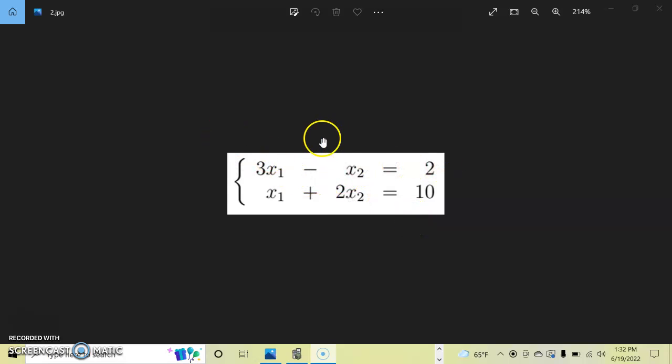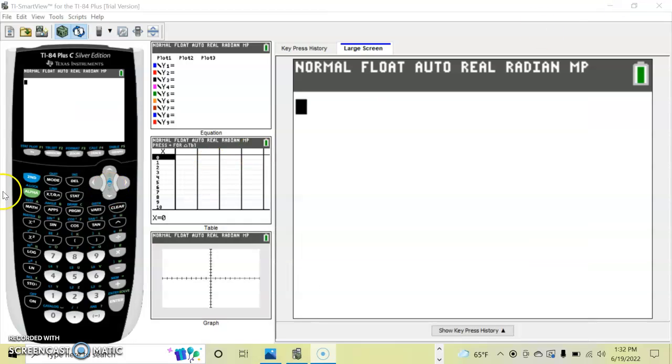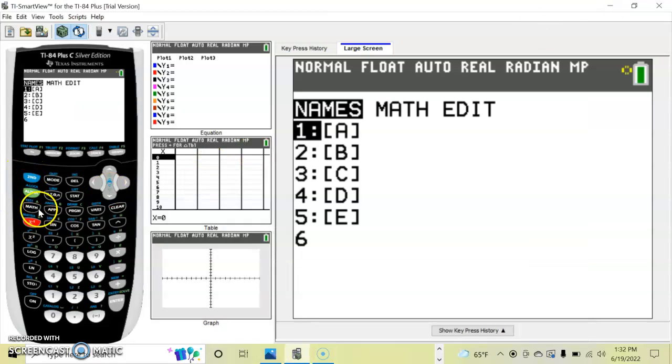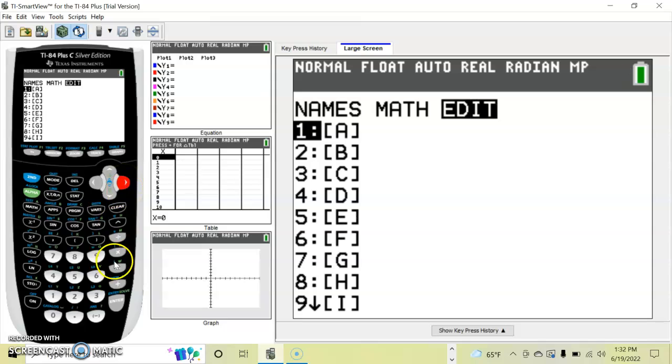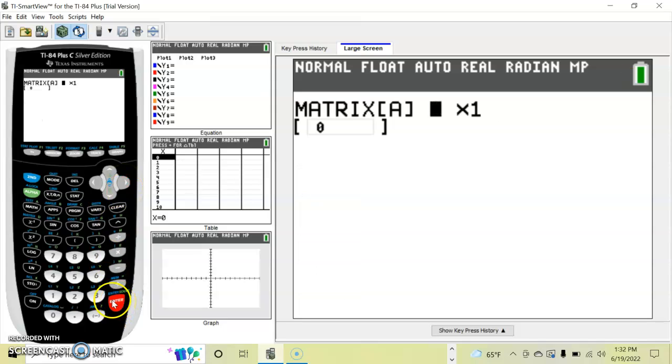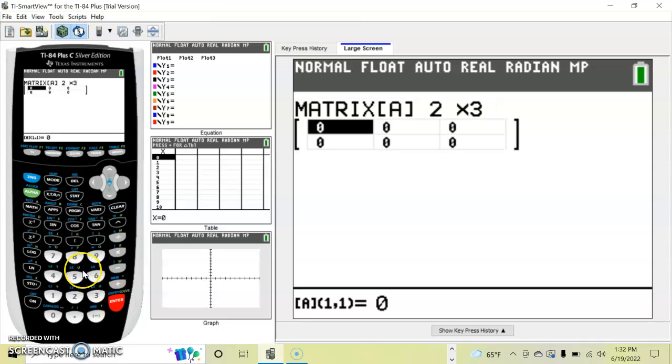So once you have your equation set up like this, go ahead and enter all of the coefficients and then all of the constants into a matrix. So we got to go into matrix mode, go to edit, pick a matrix, and this one is going to be a 2 by 3, so 2 rows and 3 columns.